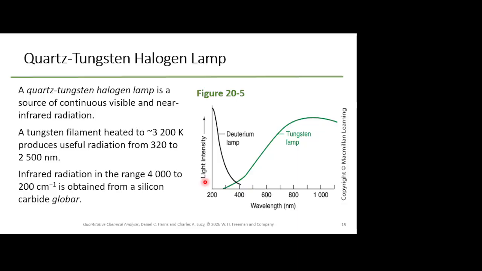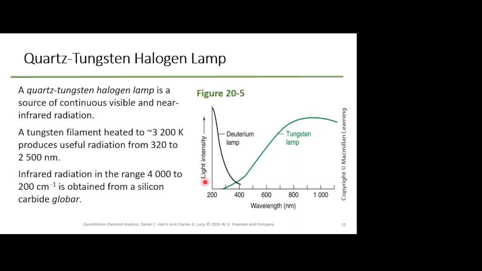Yeah, crazy. So the quartz tungsten halogen lamp, this is a very good source for continuous visible and near infrared radiation. The tungsten filament is heated to approximately 3,200 Kelvin, produces useful radiation from 320 to 2,500 nanometers.